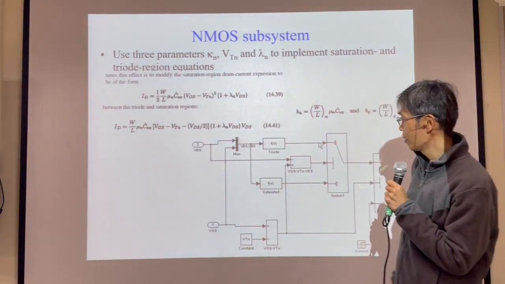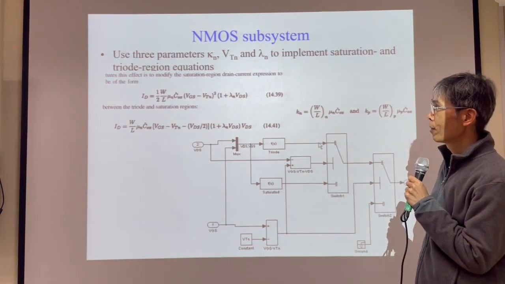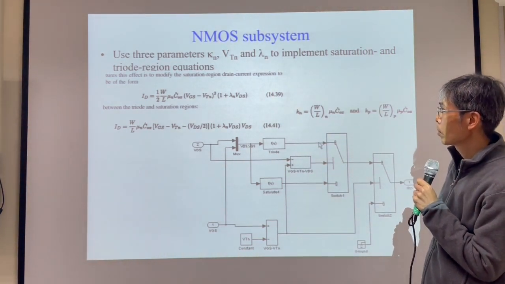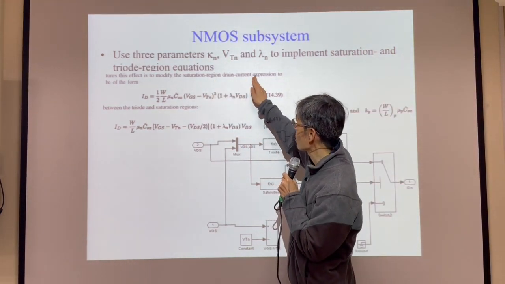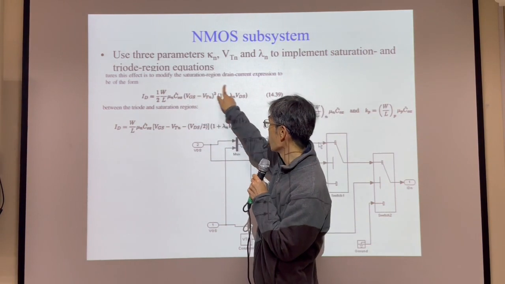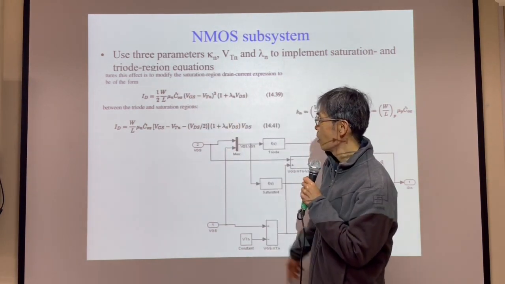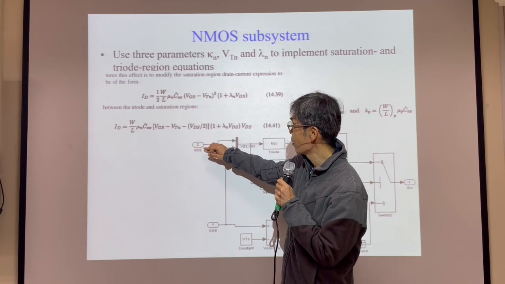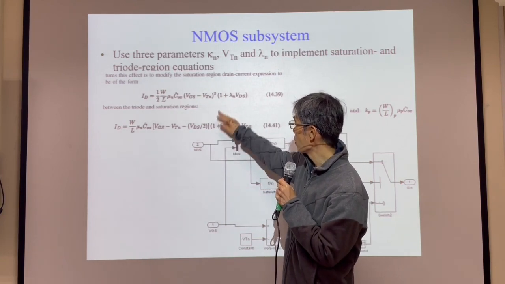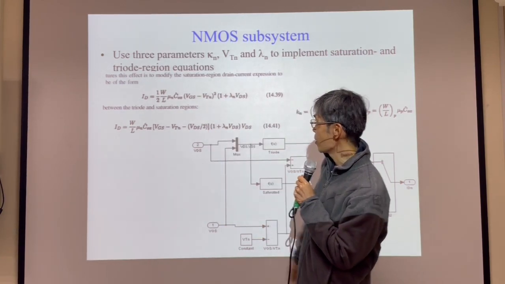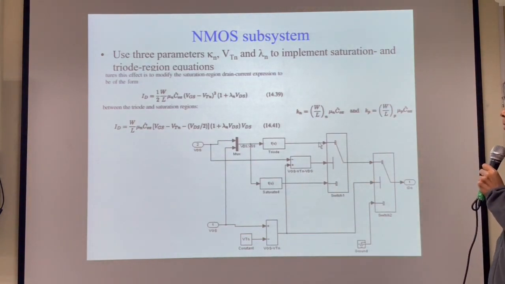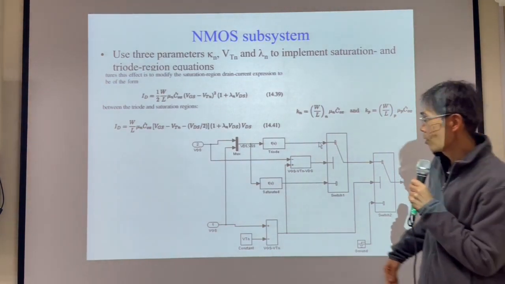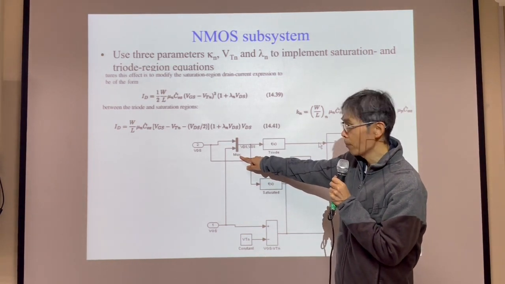And for NMOS, this is the saturation region drain current expression. This is the triode one, the region between triode and saturation. So this is a multiplexer.